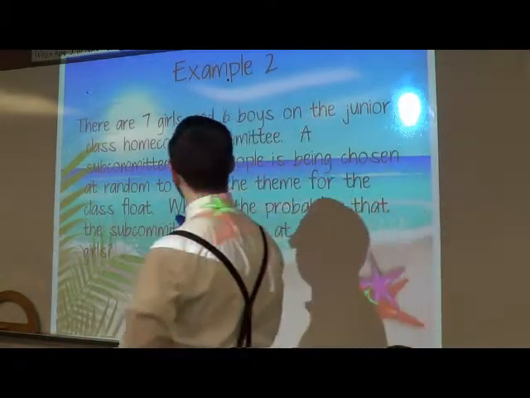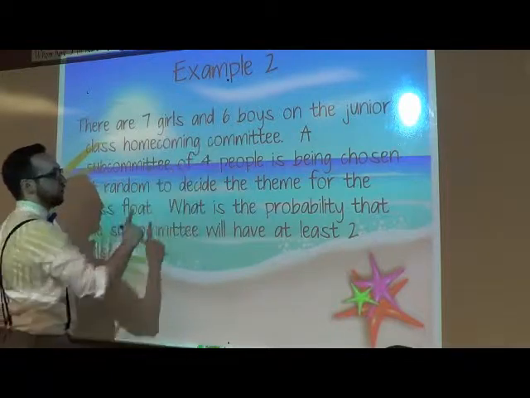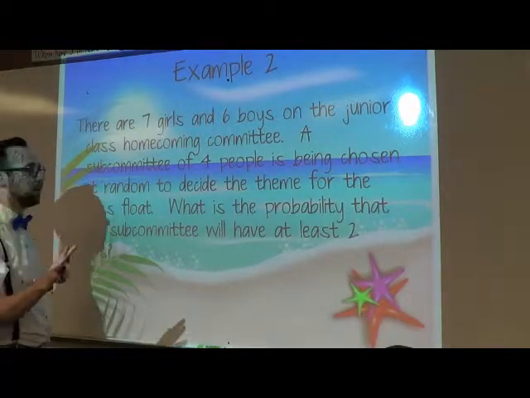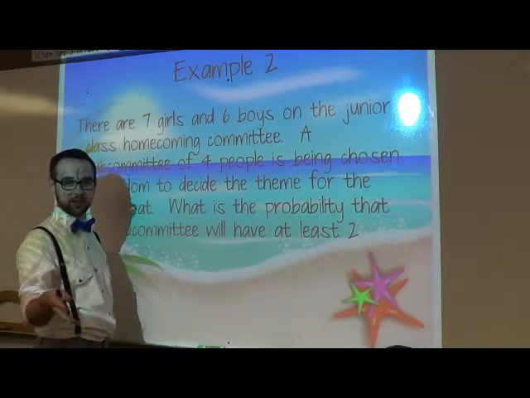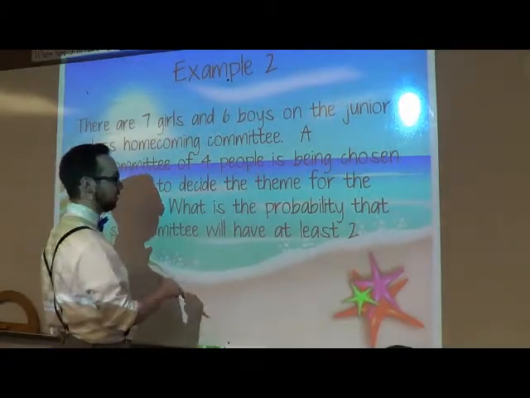So we're looking at there are 7 girls and 6 boys, and we want a committee of 4 people. Now again, it's going to be a combination because there is no president, vice president, secretary, and treasurer. It's just 4 people for the subcommittee.